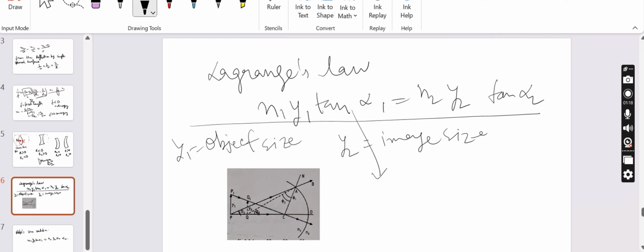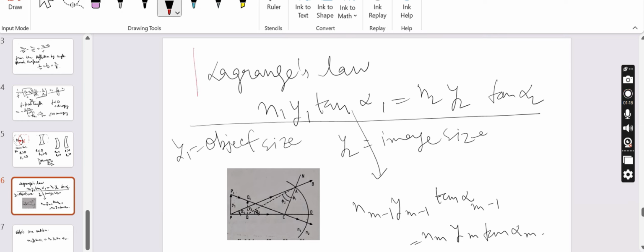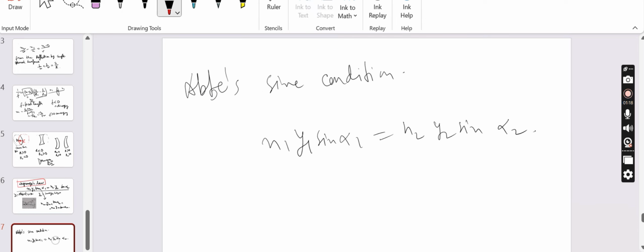The generalized form of this equation, when there are multiple image formations, is n(n-1) y(n-1) sin alpha(n-1) = n(n) y(n) sin alpha(n). So this is Lagrange's law, and this is Abbe's sine condition.